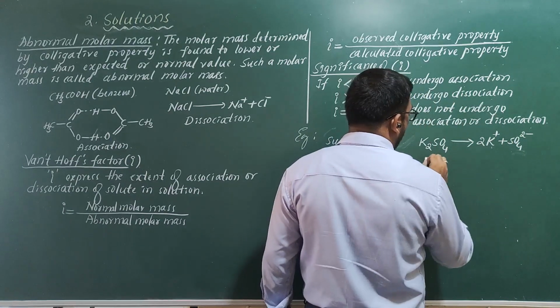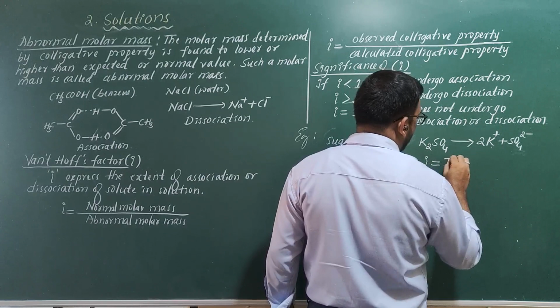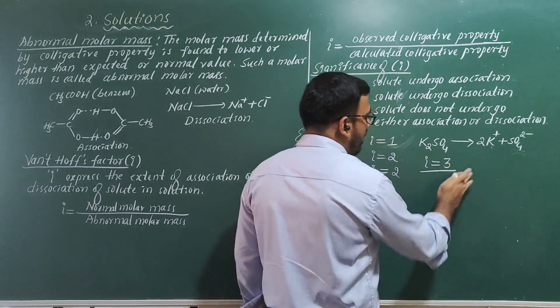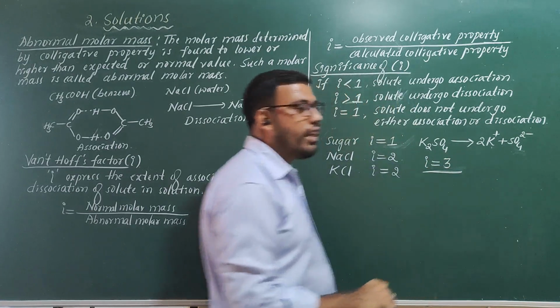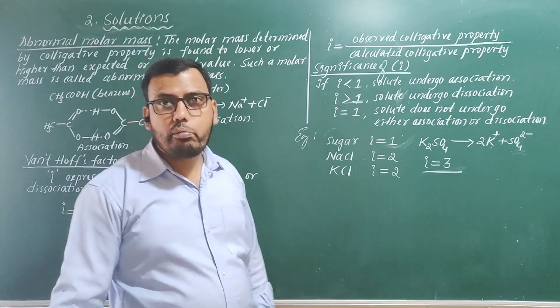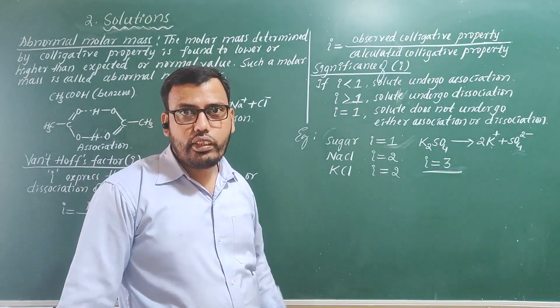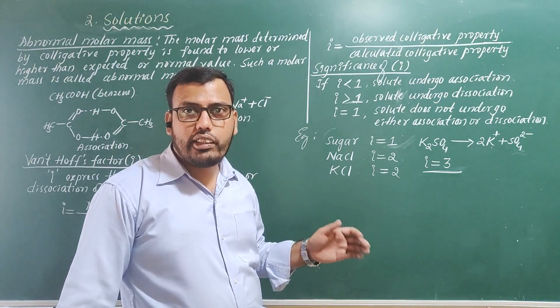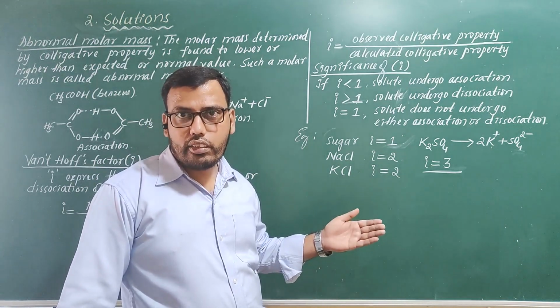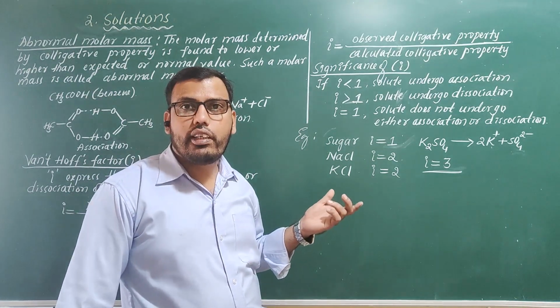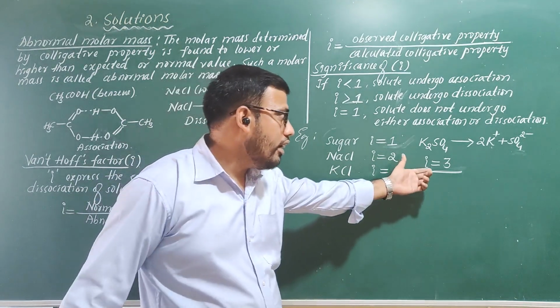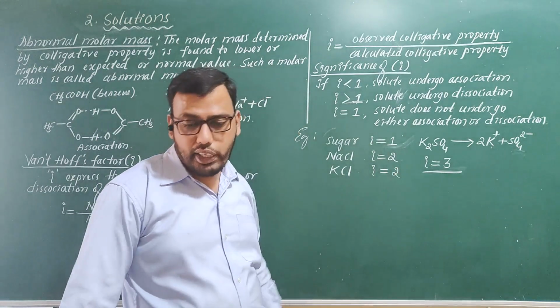Therefore for K2SO4 the i value is 3 on complete dissociation, so its value ranges between 2 and 3, including 3 when complete dissociation takes place.